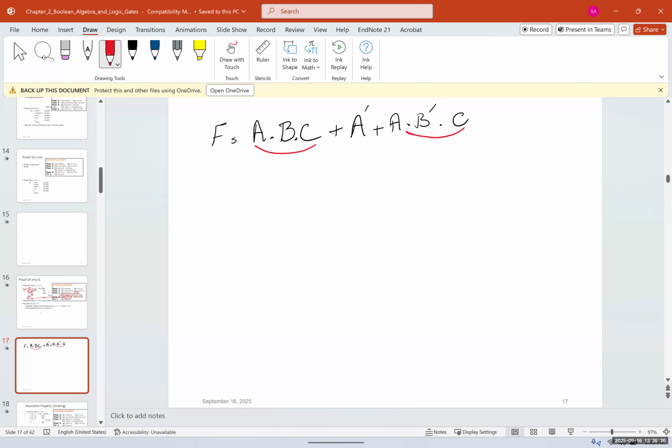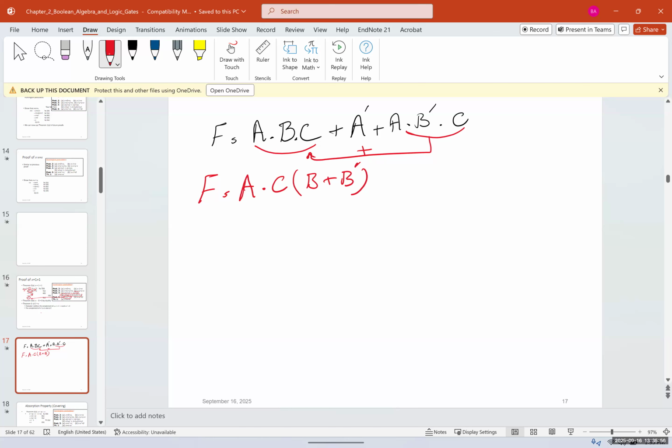Between these two terms, what is common between these two? Can I write it like this? AC and with B plus B prime. Can I write these two like this if I combine these two?